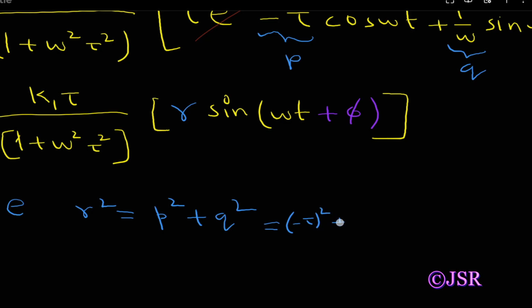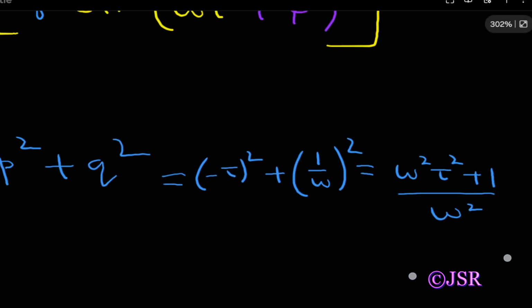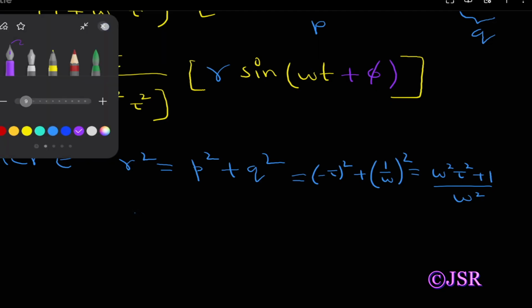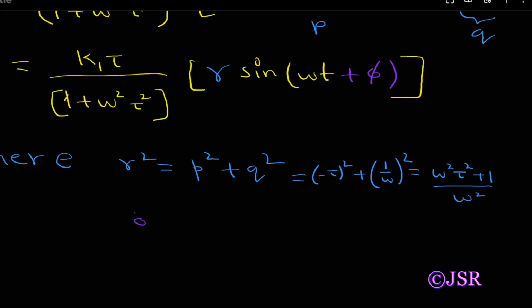So minus tau square plus 1 by omega square, and then we will have omega square tau square plus 1 upon omega square. So this is the r square, and then we have phi.